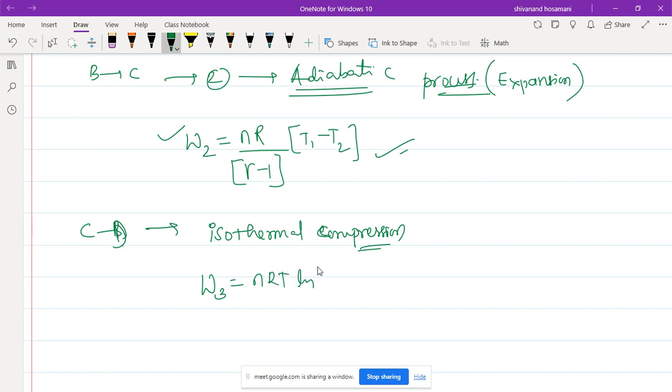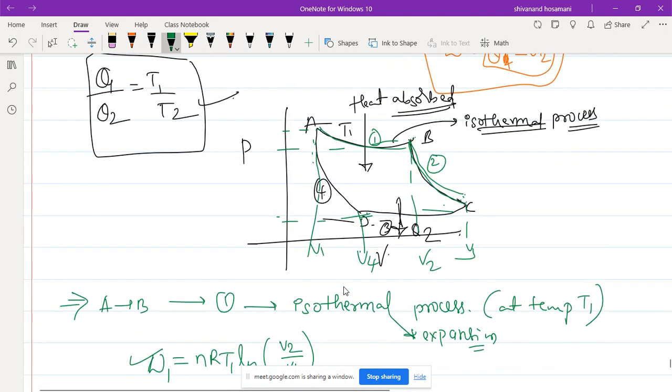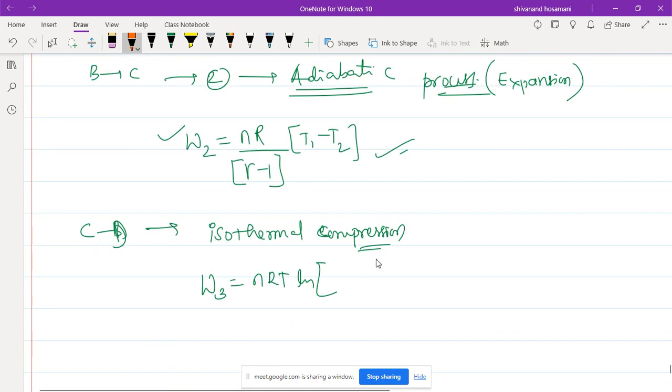ln of, look, what did I take for volume earlier? I took V2 by V1, because the final volume was V2 and initially it was V1, correct? Final divided by initial. For going from C to D, there is V3 and then V4, so the work done should be given by the final, V4, divided by V3.